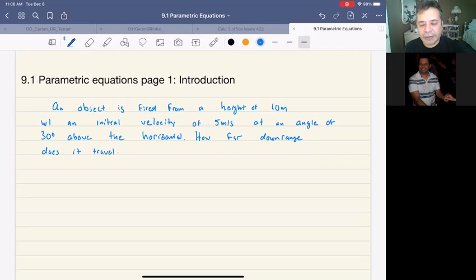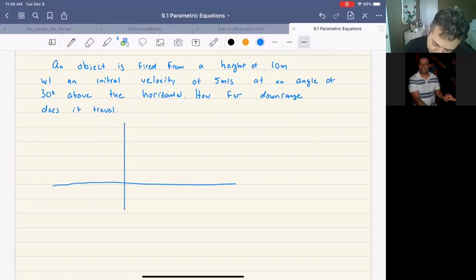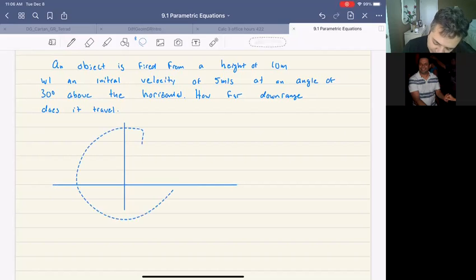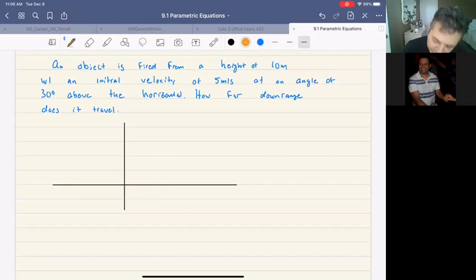All right, so the first thing we're going to do is describe this situation by parametric equations. You guys are going to get tired of hearing me say this, I get tired of saying it, but we're going to draw a picture. So it's going to be 10 meters above the horizontal. Fired at a velocity of 5 meters per second.